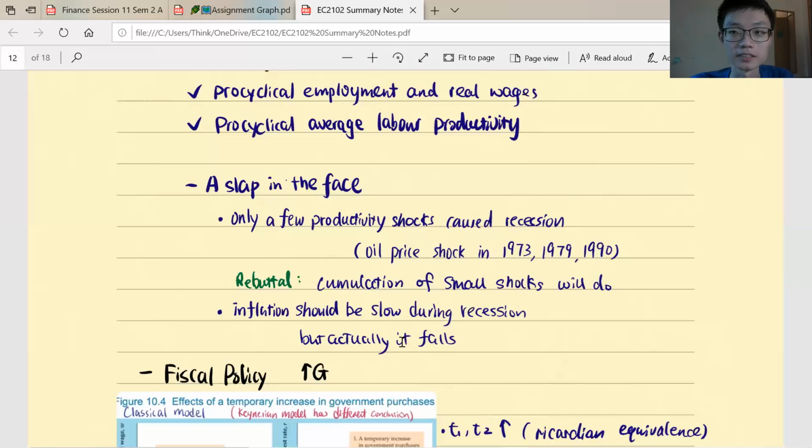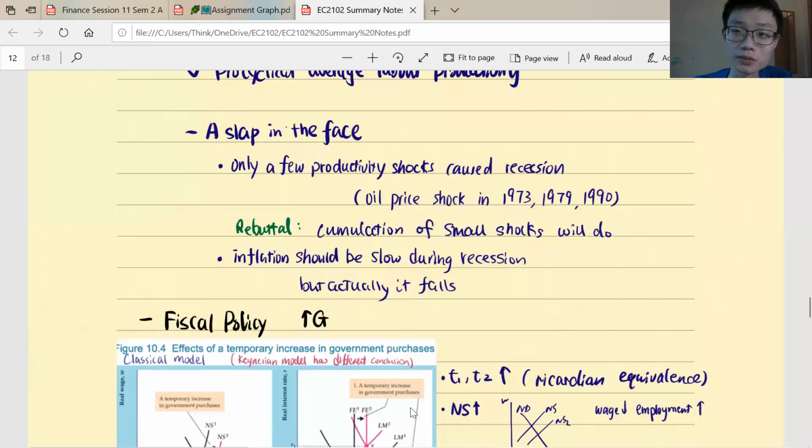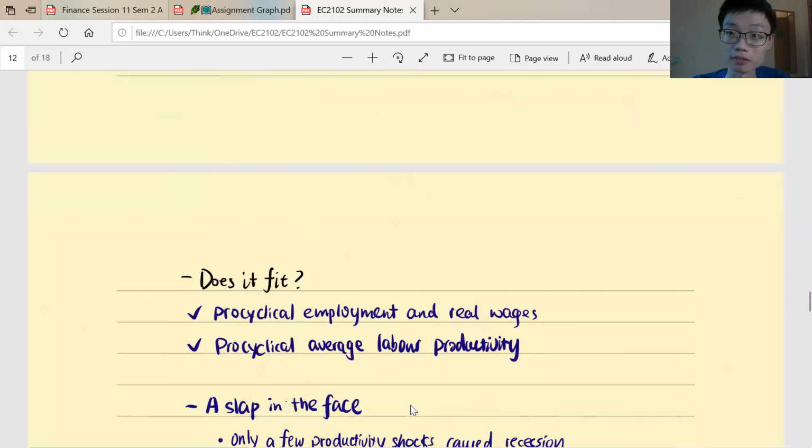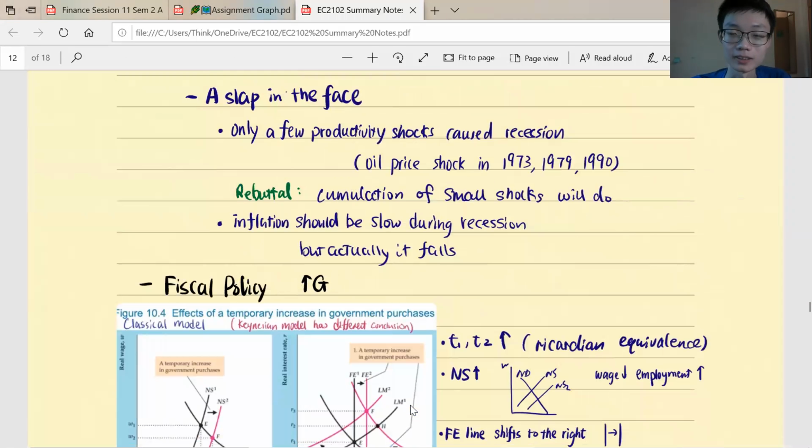However, the real world situation is, we all know that the inflation will fall. Deflation. So these are two pieces of evidence that we see that the real business cycle theory does not perfectly fit with the business world facts.